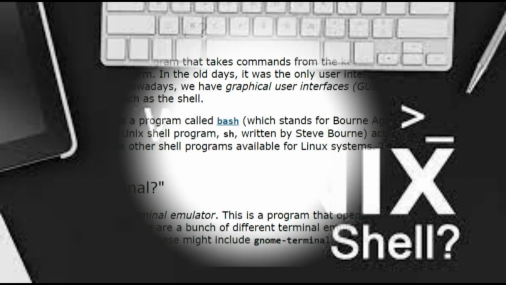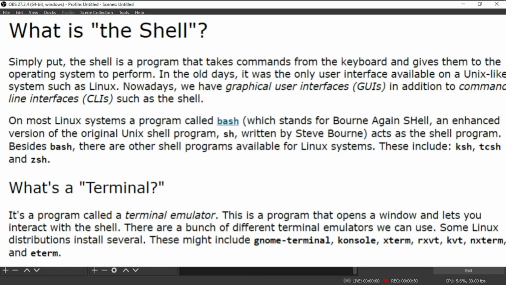So the first question that comes to mind when we talk about shell is, what is the shell? Simply put, shell is a program that takes commands from the keyboard and gives them to the operating system to perform. Basically, we have two ways to navigate our system. One of them is the graphical user interface, which we are very familiar with, and that's what most of us use to input commands to our operating system.